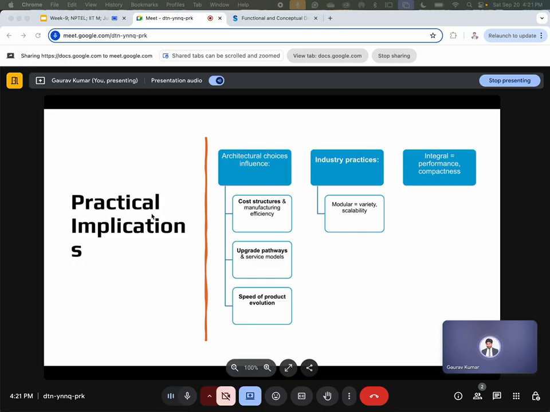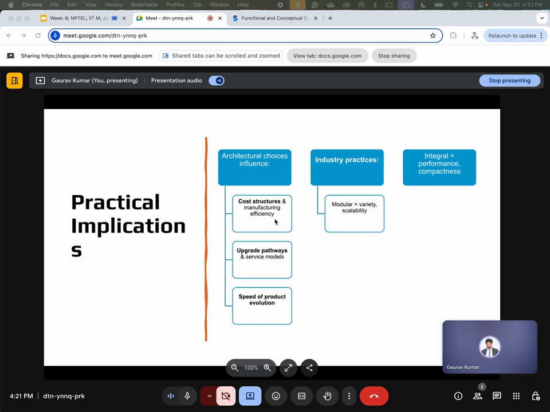Next is practical implications. The architecture of the product has long-term implications for cost, manufacturability, and service strategy.